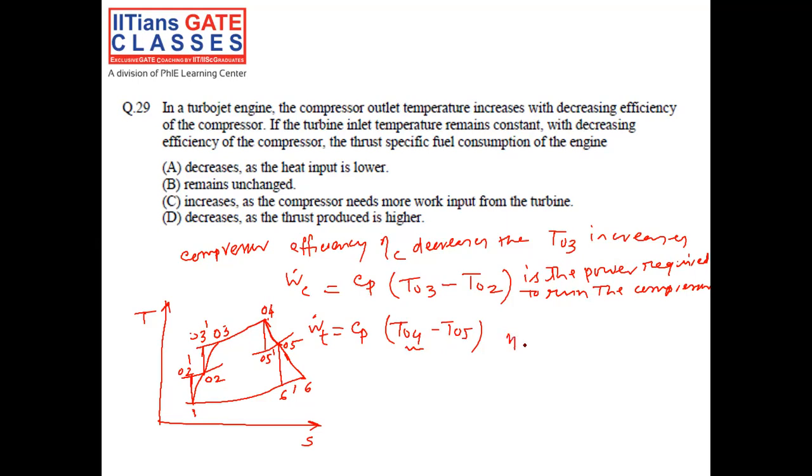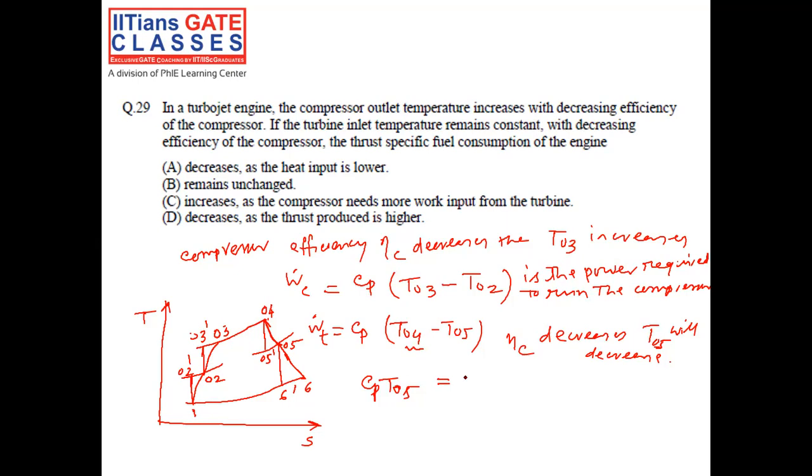So if eta C decreases, TO5 will decrease, right? Now this TO5 is the nozzle entry temperature. And in the nozzle, the total energy of the flow at the entry is Cp TO5.